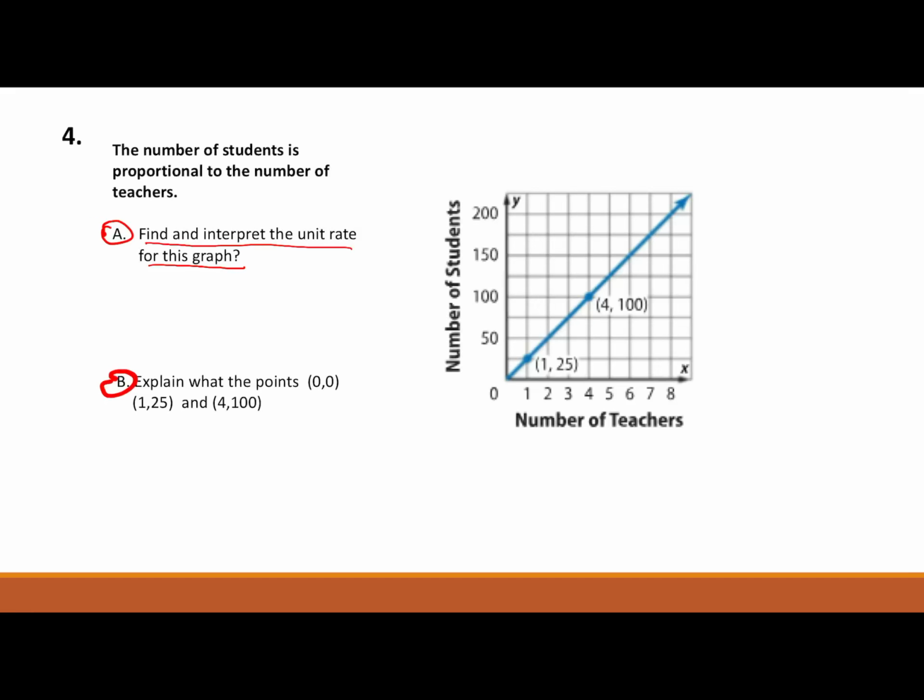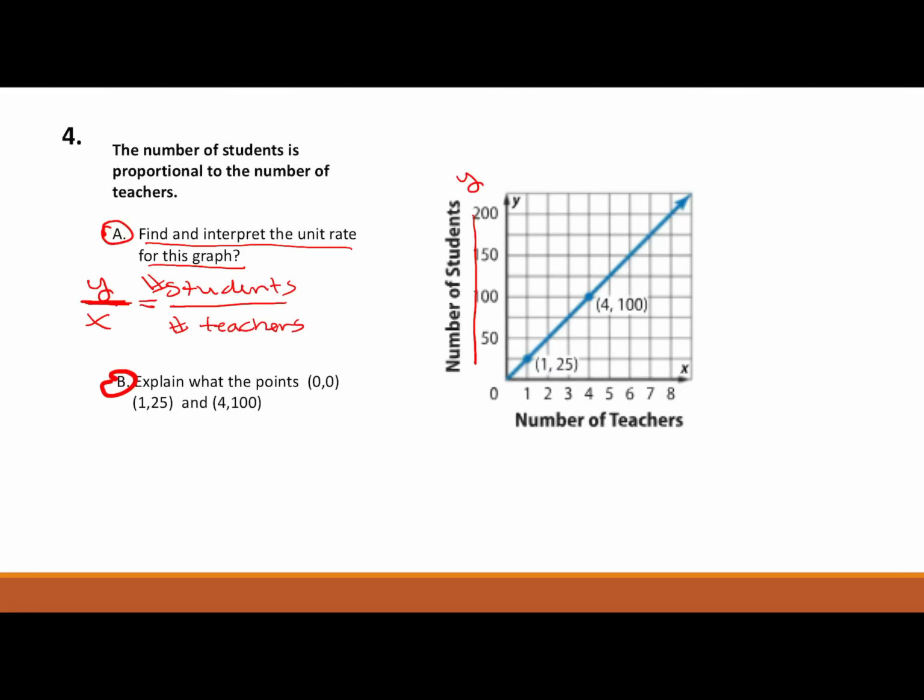We'll go ahead and go over part A. The unit rate, to find the unit rate, it's always the information on the y-axis divided by the information on the x-axis. In this case, on the y-axis, we have the number of students. And on the x-axis, we have the number of teachers. So number of students, number of teachers.